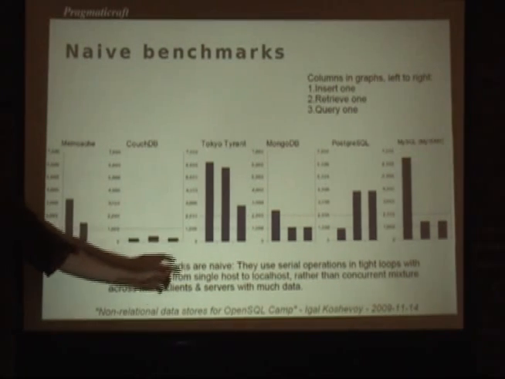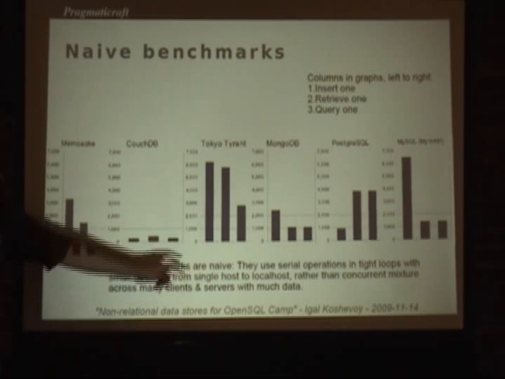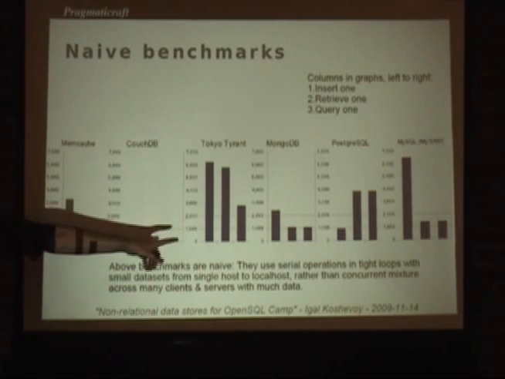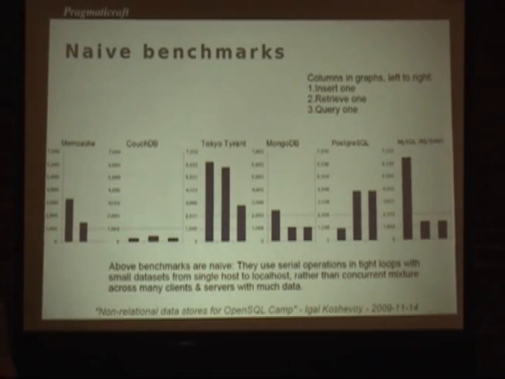But anyways, trade-offs again. You can see Mongo does pretty darn well. One of the things I thought was really funny was Postgres and MySQL here. You can see Postgres' inserts were kind of slow, but it has awesome fast retrieves and queries.